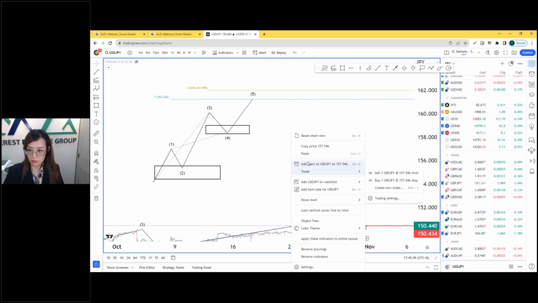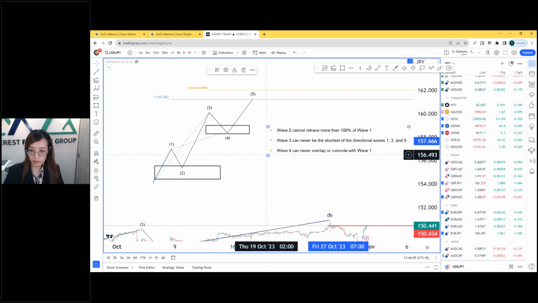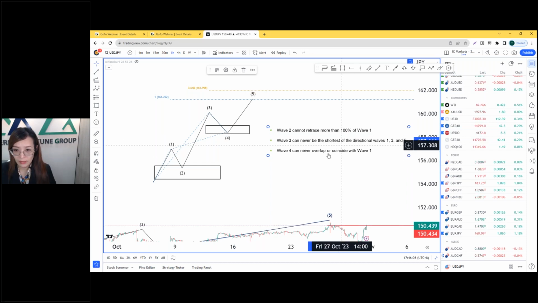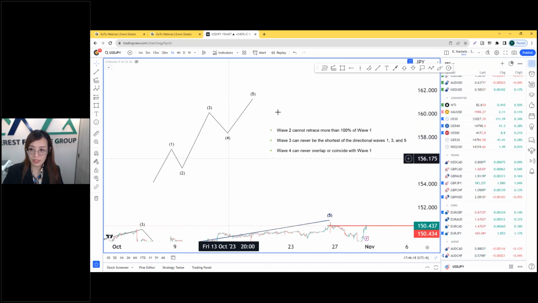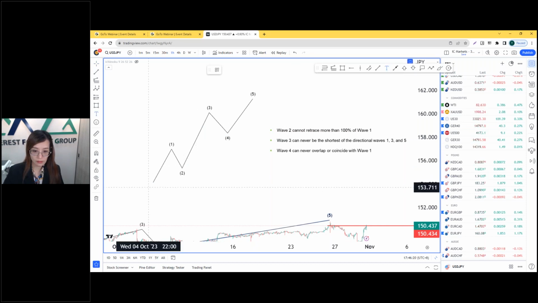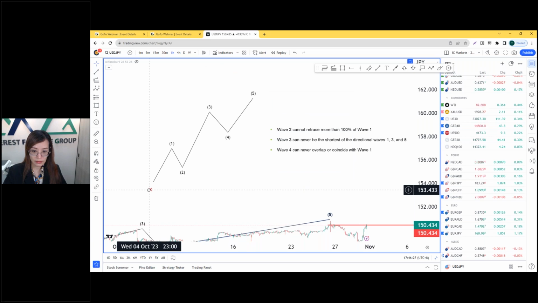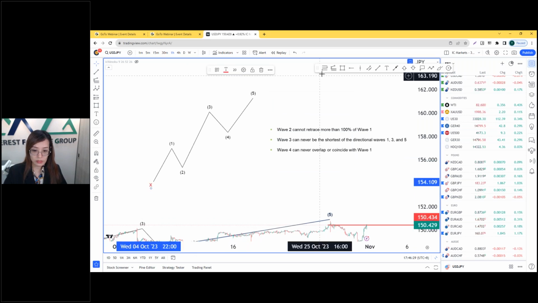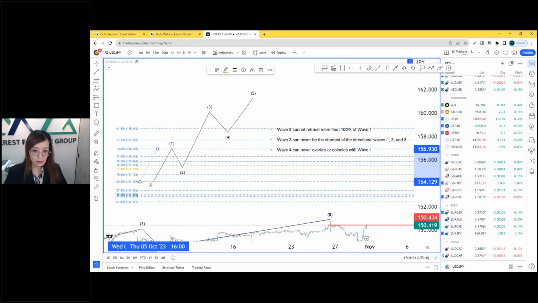So the rules: if you want to use Elliott wave to trade, you need to remember all these rules. For example, this is the wave 1 starting point, and maybe I'll mark it as X. When you draw Fibonacci, the numbers are just a guideline.